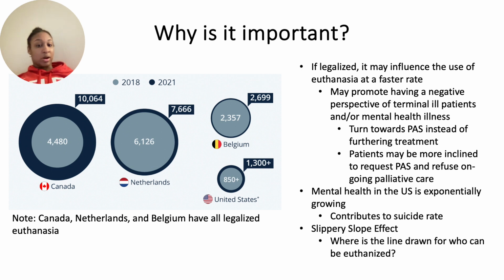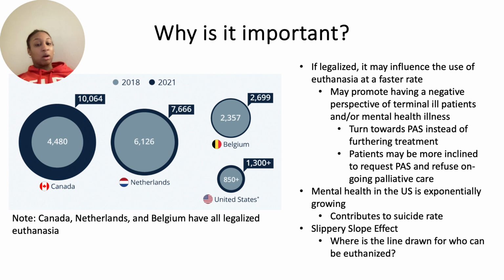Another thing that I'd like to point out is that mental health is exponentially growing in the United States. And as we saw on the last slide, as to why patients choose to do PAS at some point, a lot of it is because of their mental health and how they feel that they would be a burden to other people, or how they see that other people would view them. So it would just contribute to the amount of patients that choose to end their life.